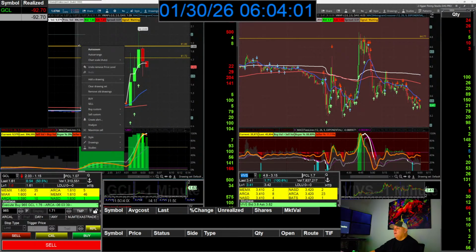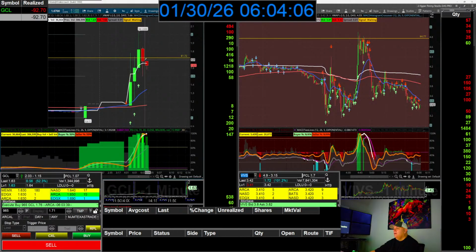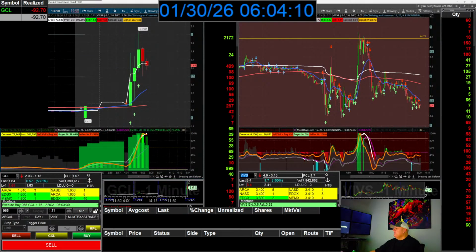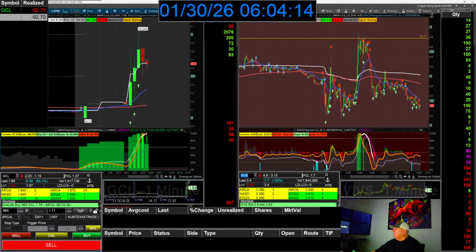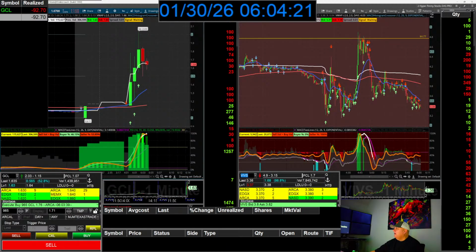Why is my other hotkey not working? Okay, my other hotkey's not working. I don't know why. Let's make sure it's in the right spot.